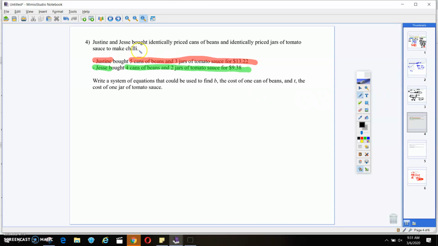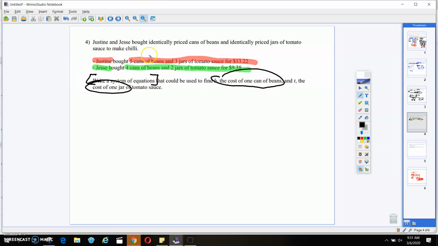No. Okay, now here is the important piece. This question doesn't ask us to solve. All it says is to write a system of equations, right? Like, create the equation. So, you've got B is the cost of 1 can of beans, and then T is the cost of 1 can of tomato sauce, right?